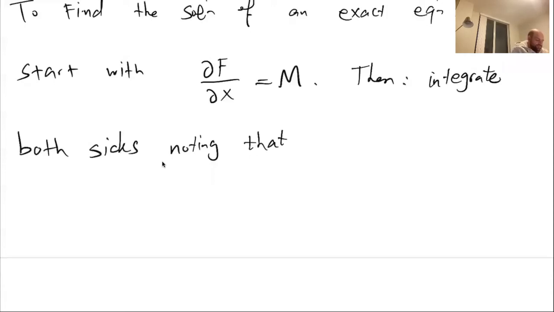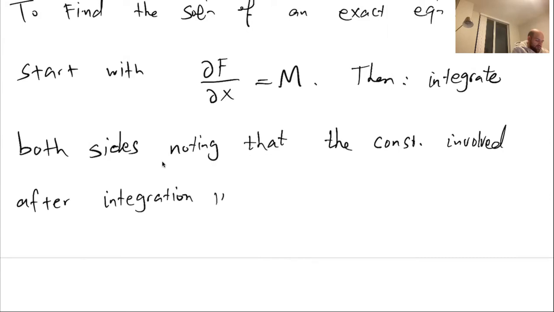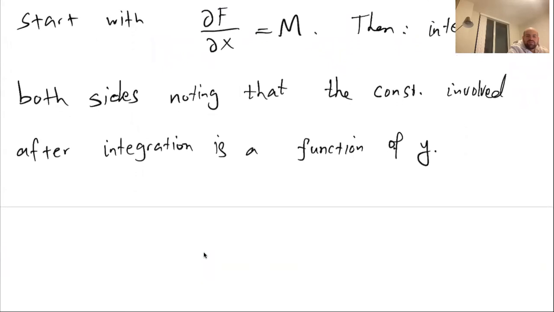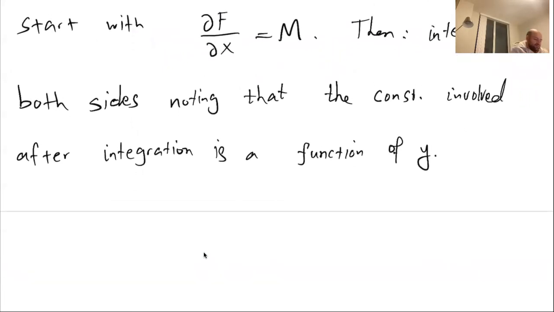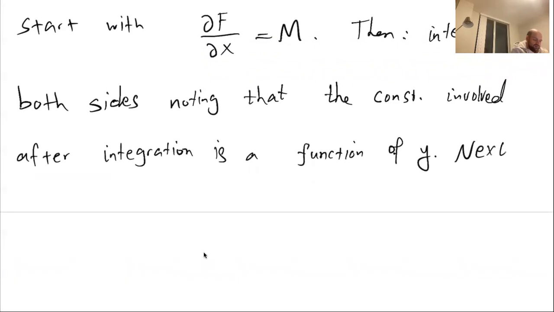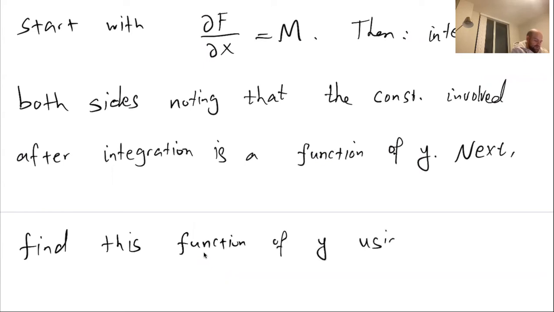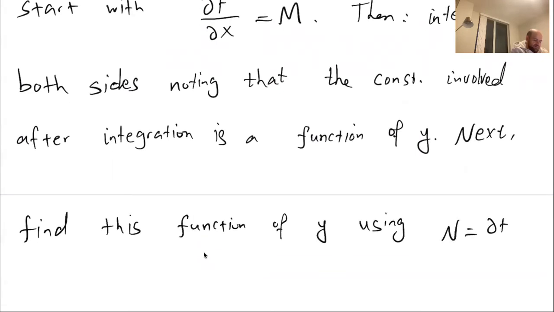So noting that the constant involved after integration is a function of y, we can then find this function of y using the other condition, which was N equals df to dy.